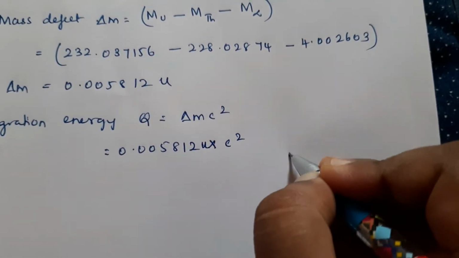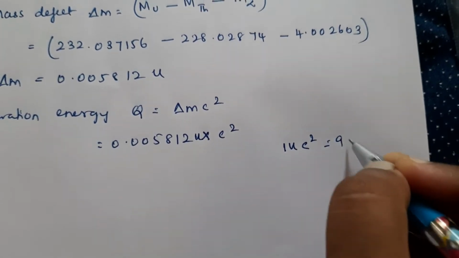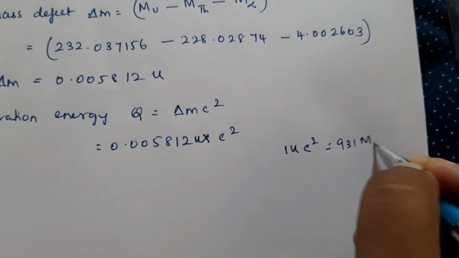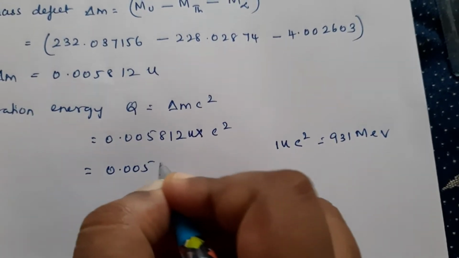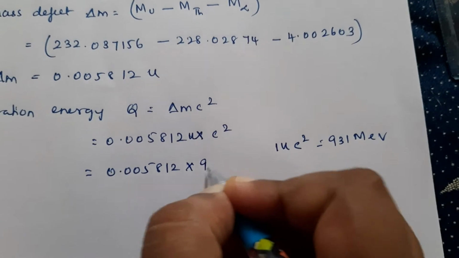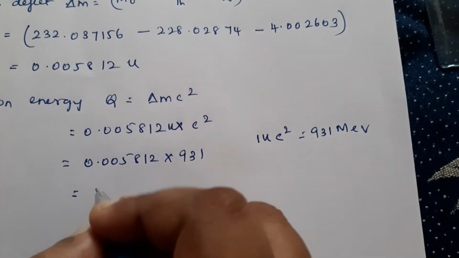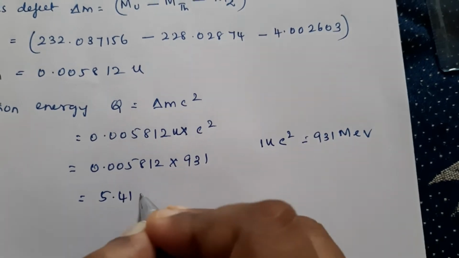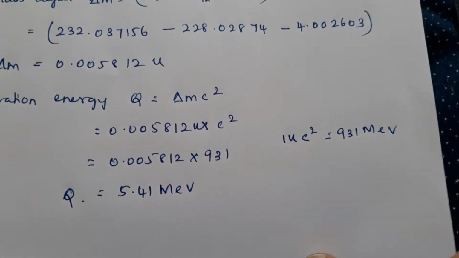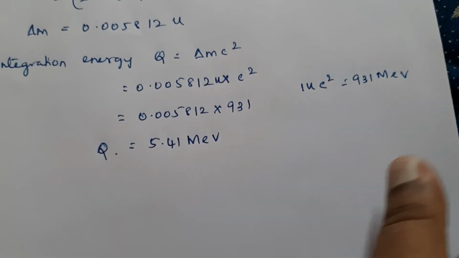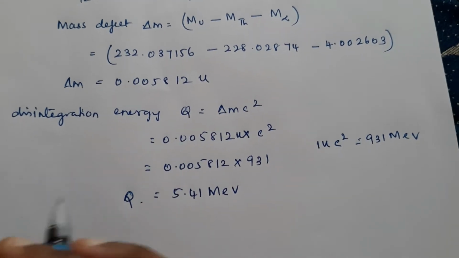But we know 1 atomic unit into C square is equal to 931 million electron volt. So I can write 0.005812 into 931. That is 5.41 million electron volt. Now this is your disintegration energy. Okay, the first part of the question we have calculated.